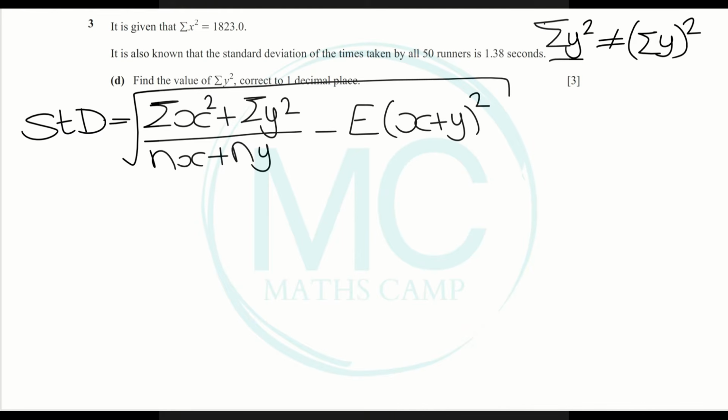This gives us the value of the standard deviation, but the question tells us that this is 1,38 seconds. So we can use this formula to find the value of sigma y squared.